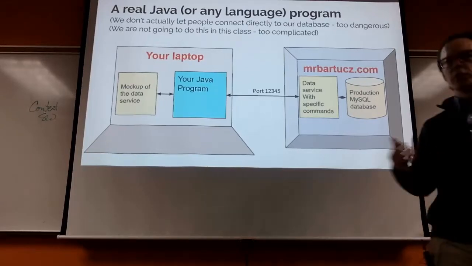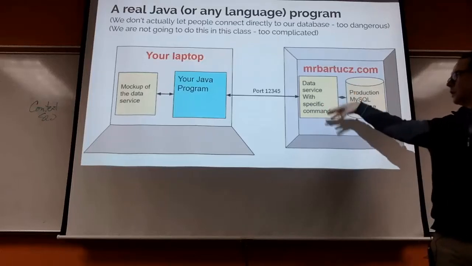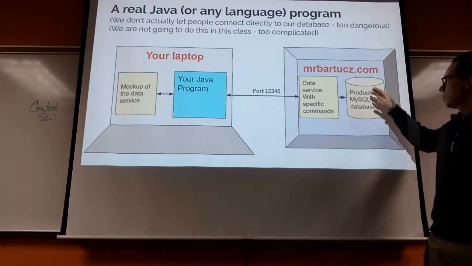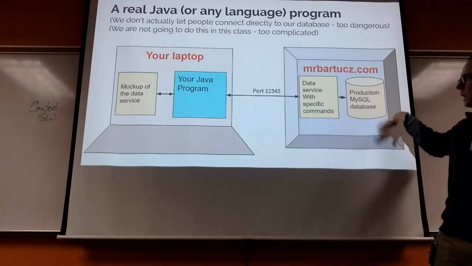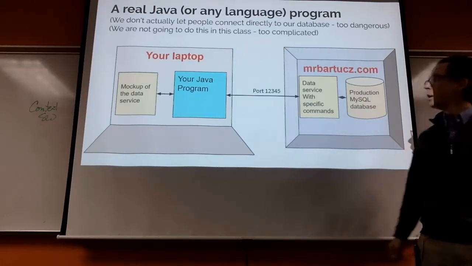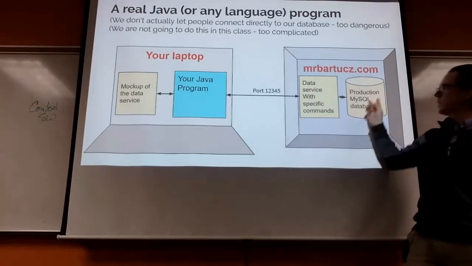So like the Internet of Things, you often have a little service here. Right? Say I have my fish tank, right? And I store the temperature of my fish tank and the acidity and so on in a database. If I want to look that up on my phone, it has a little program that doesn't actually access the database.